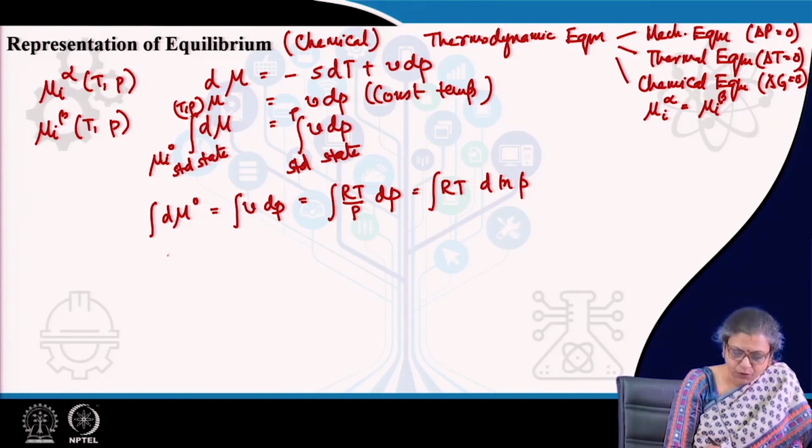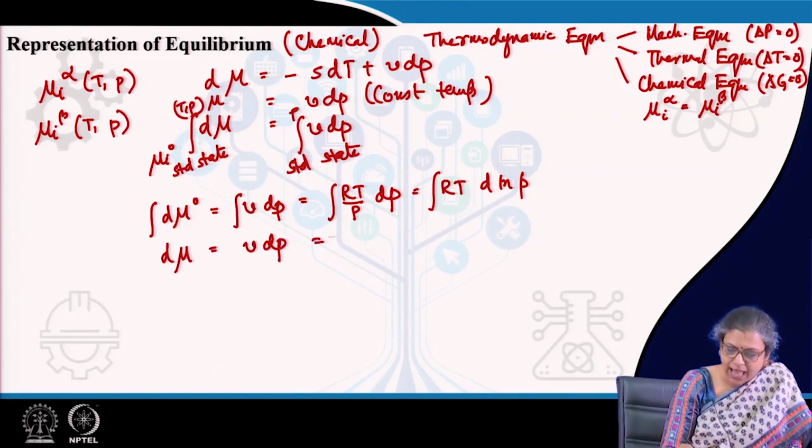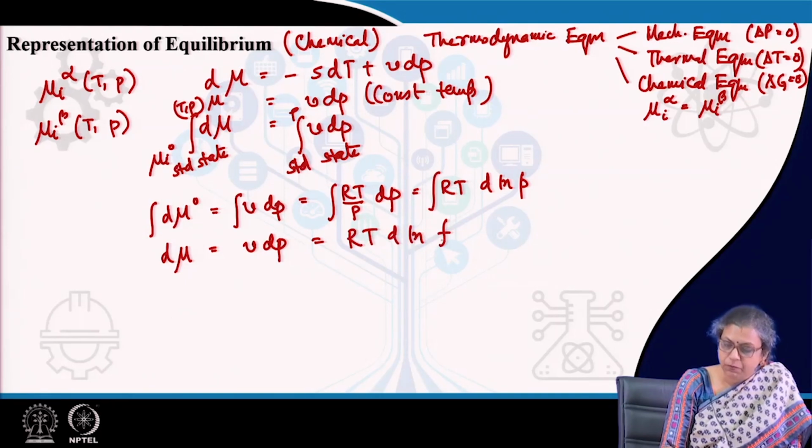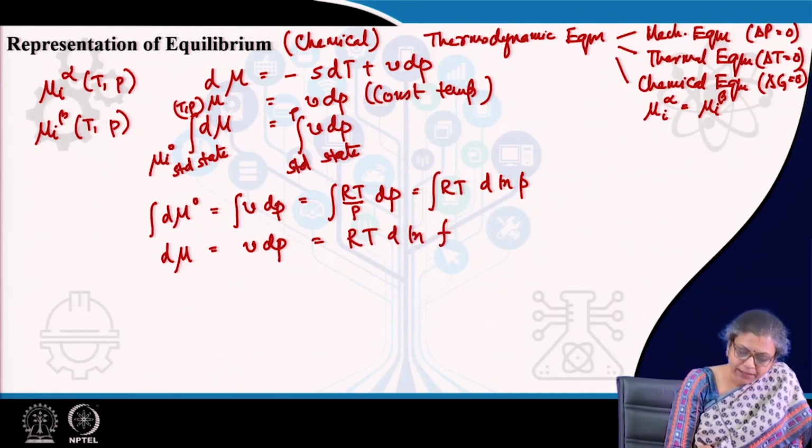In other words, for any substance, why do we not write this as integral RT d ln F, where F becomes equal to P under the ideal gas state. And when does any substance behave as an ideal gas? When the pressure is very low.